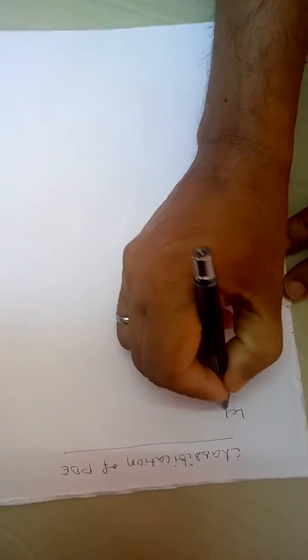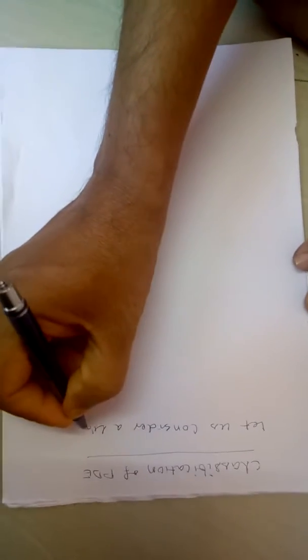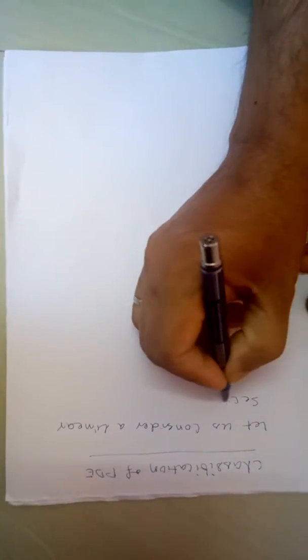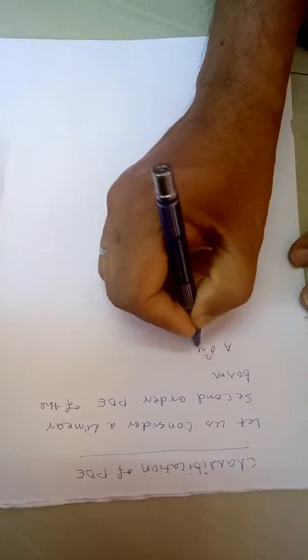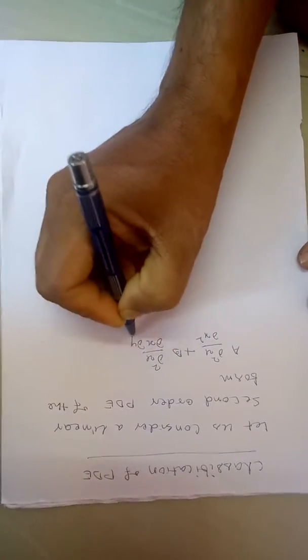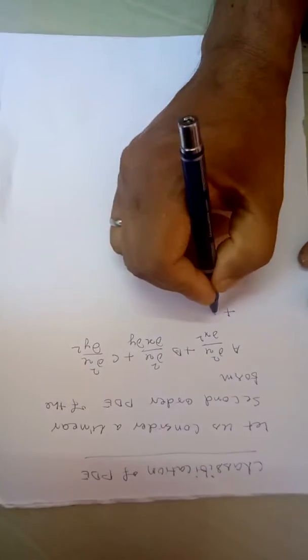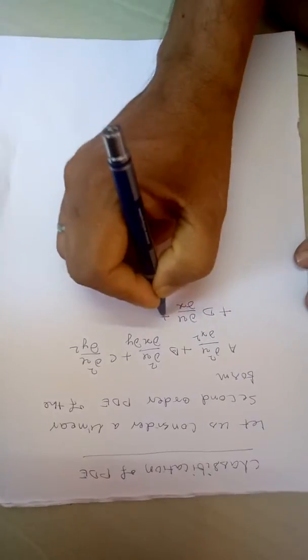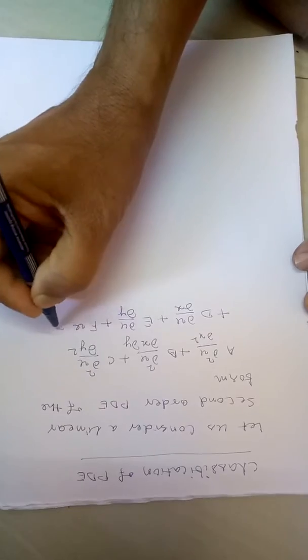Let us consider a linear second order PDE of the form a ∂²u/∂x² + b ∂²u/∂x∂y + c ∂²u/∂y² + d ∂u/∂x + e ∂u/∂y + f u equal to 0.